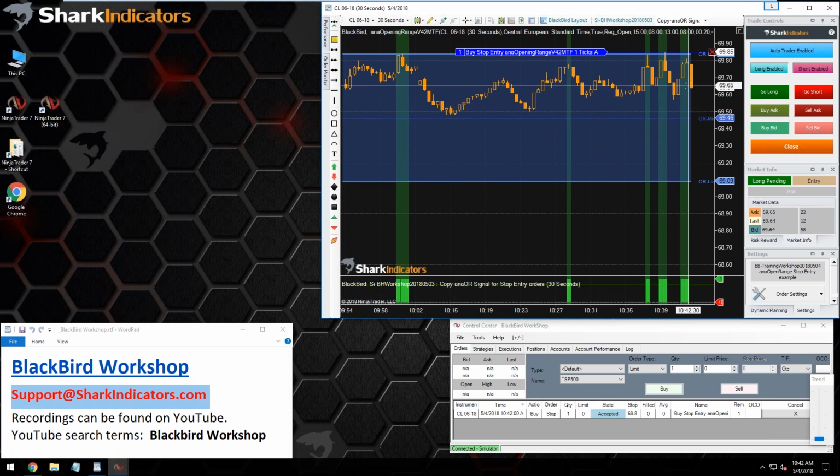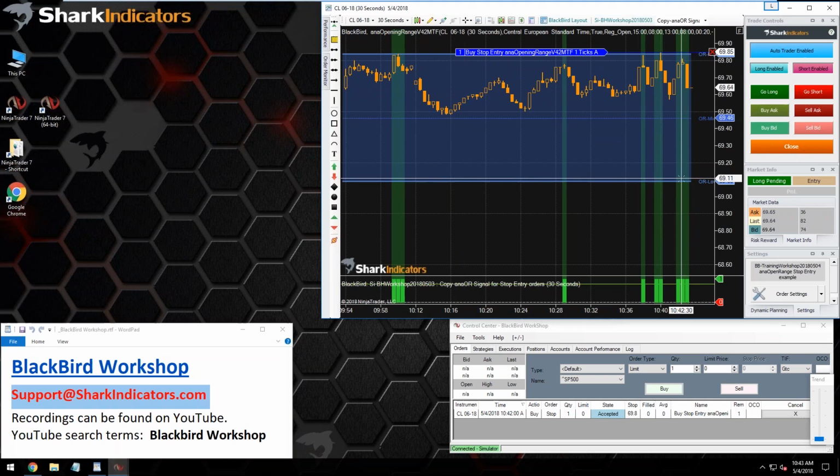So basically, if I pull price down to the lower range, then BloodHound will generate a short signal so that BlackBird can cancel the long stop entry and place a short stop entry. And so let's just test that out here.